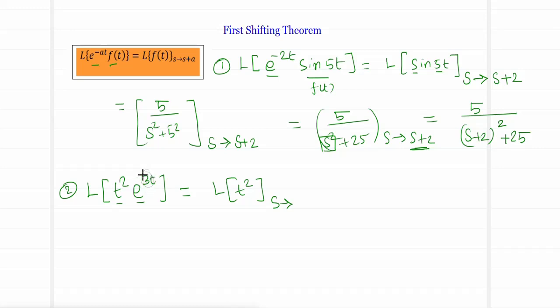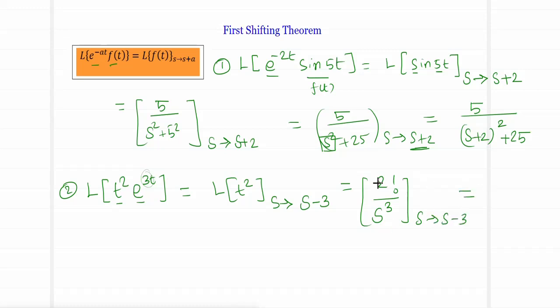Since it is positive 3 over here, it moves to minus 3 units in the s direction. So this gives me what we know about Laplace of t square. Laplace of t square is nothing but 2 factorial divided by s to the power of 2 plus 1, which is 3. So here s is shifted to s minus 3.